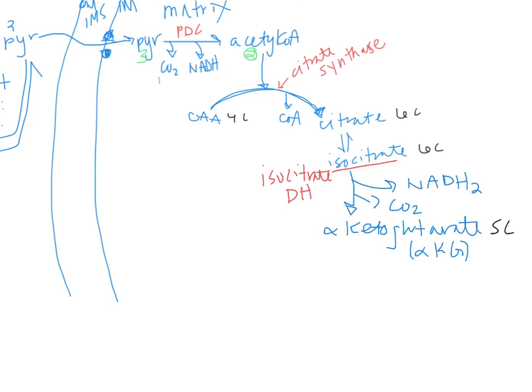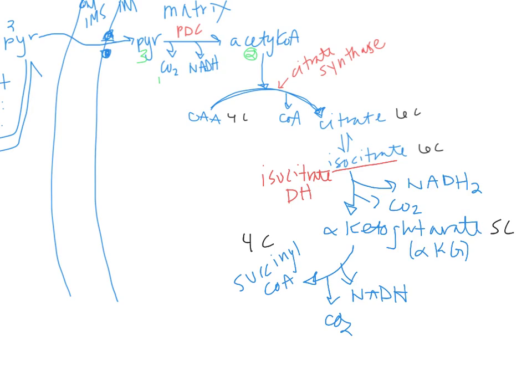dehydrogenase. And then the next step is our last and third irreversible one, and that takes alpha ketoglutarate to a molecule called succinyl-CoA. Succinyl-CoA has 4 carbons, which means that we lost another CO2. We gained an NADH. And just note that when I write an arrow with an NADH coming out, an NAD plus had to go in.